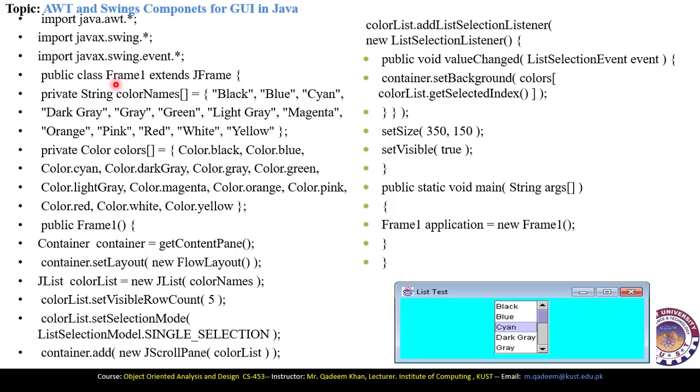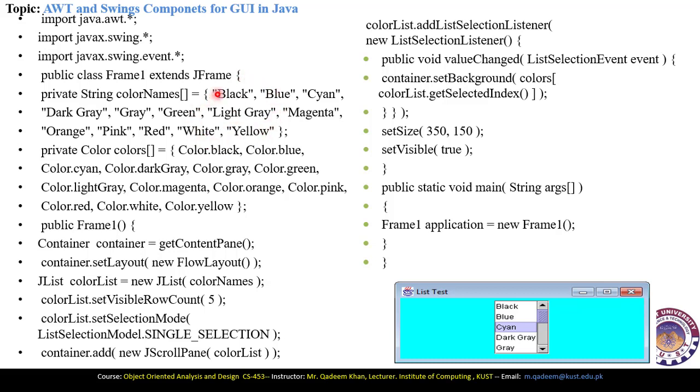Now first we declare our own class, that is public class frame1 extends JFrame. JFrame is the existing class and it is inherited here. So frame1 is now the child of the JFrame and JFrame is the parent class. Private final String colorNames: black, blue, cyan, dark gray, green, light gray, magenta, orange, pink, red, white, and yellow.